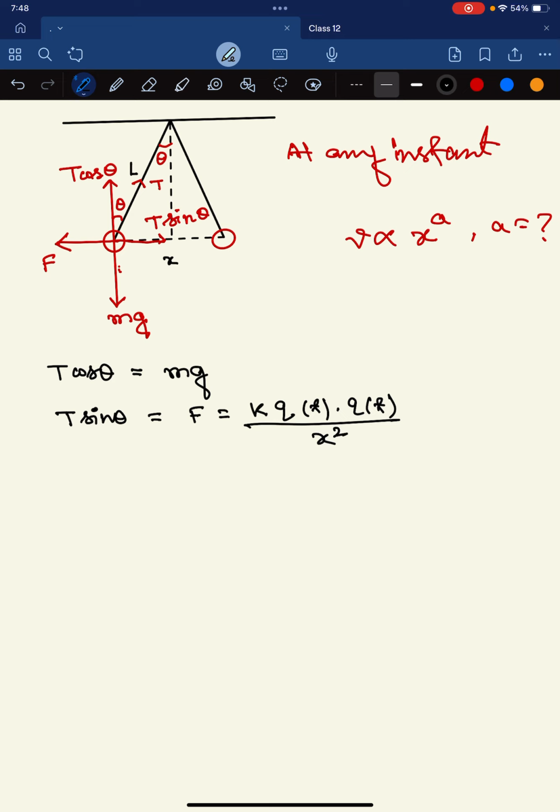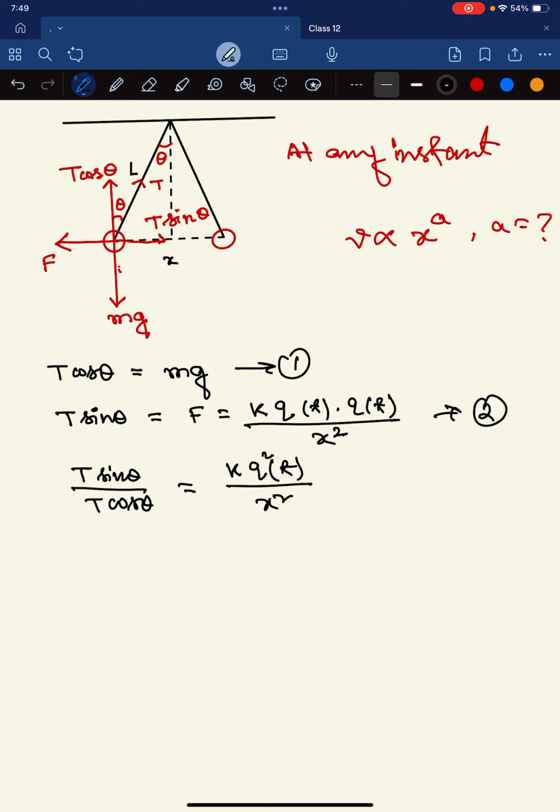Now if I call these equations 1 and 2 and divide 2 by 1, then I get tan theta equal to k q square, which is a function of time, divided by x square mg.